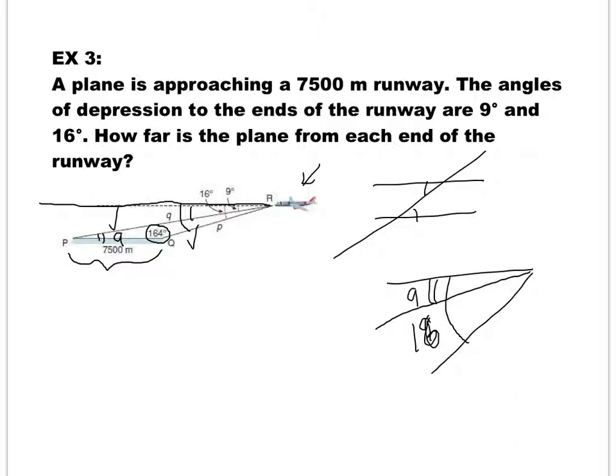So this angle here is going to be 16 minus 9, which is going to be 7 degrees. So this angle is going to be 7 degrees. So now I have the three angles inside the triangle. I can go ahead and use the sine law to find the sides PR and QR.